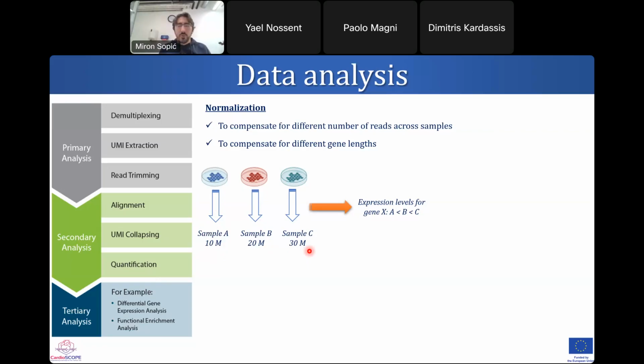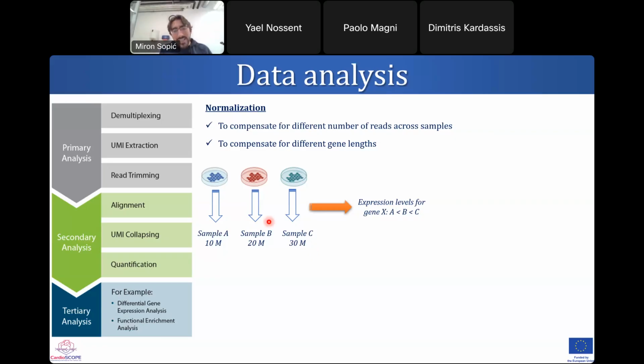No matter how good your protocols are, you will never be able to say that out of 100 samples that you sequence, you will have the same depth in all of them. When you ask a company, they will always say the sequencing depth is going to be between 50 and 80 million or 80 and 100 million, something like that. They will never be able to guarantee that every sample will have the same depth.